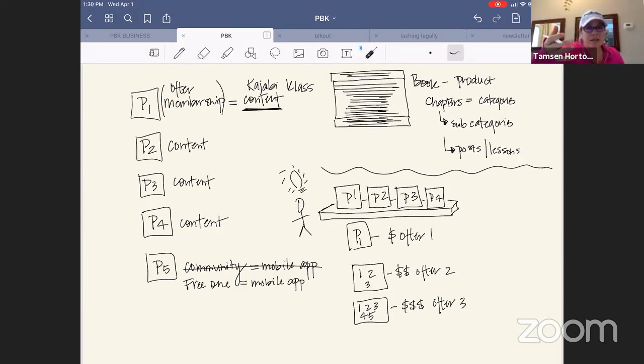Think of product as content, because the only reason to use a product is to put videos and audios and text into a way for people to watch it. Product is content. So if I'm selling a coaching call, if I'm selling access to a Zoom call, if I'm selling not access to content, I can just make an offer for that. I don't have to put a product with the offer.